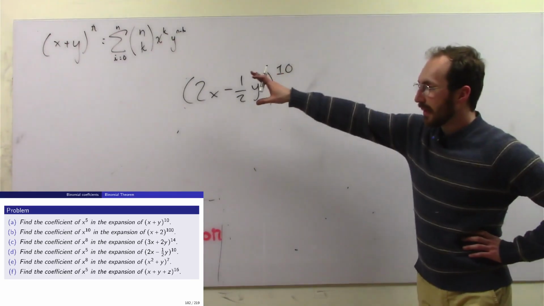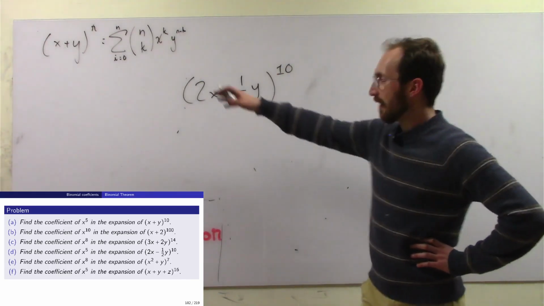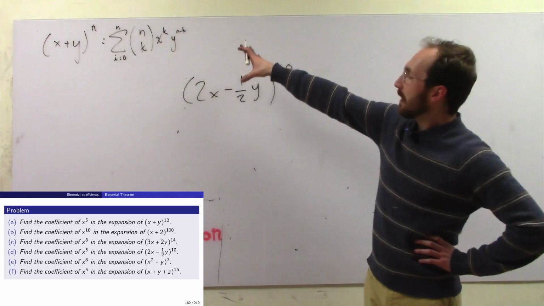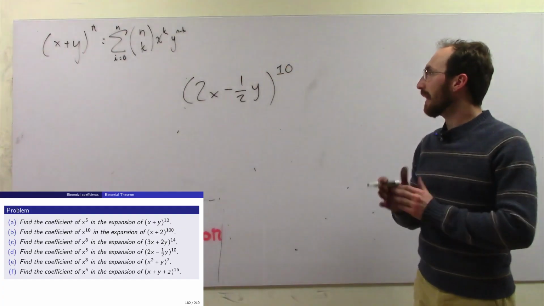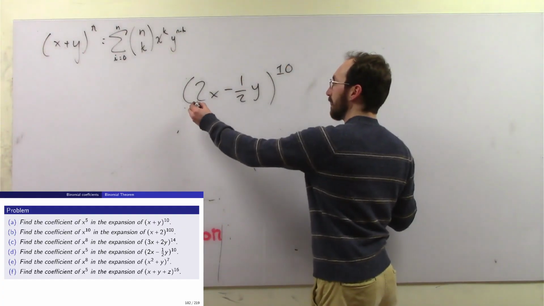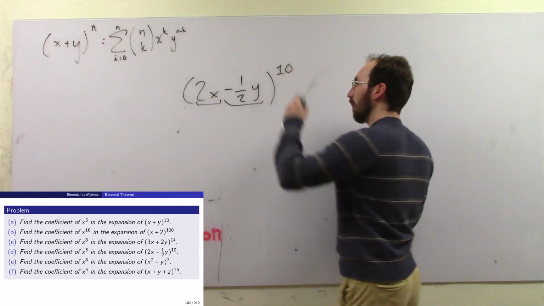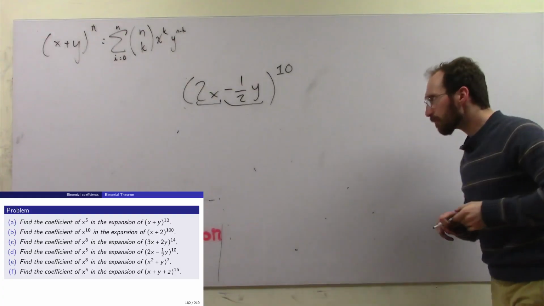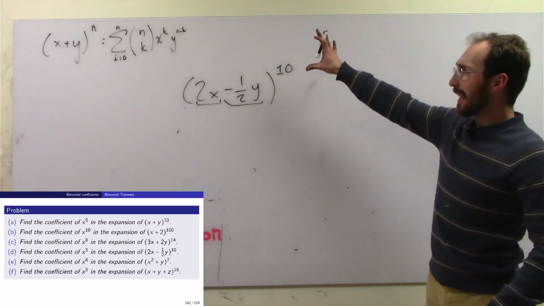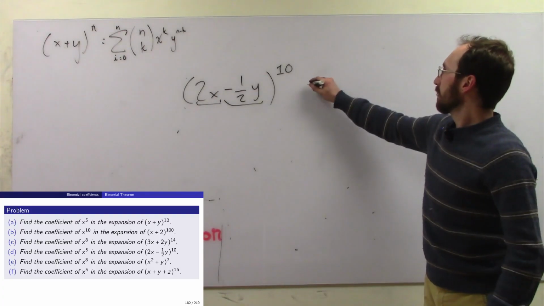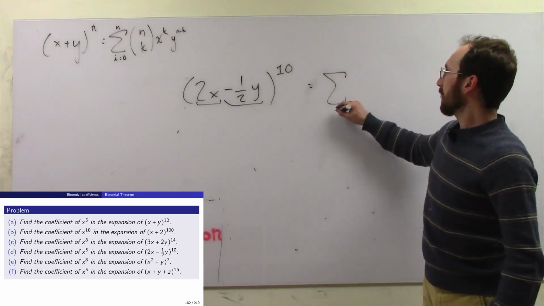Let's just look at the setup of our formula. We have x plus y raised to the n, and then all this stuff on the right. In this case, our x is 2x, and our y is minus 1/2 y. So on the right-hand side, we'll get the basic setup.